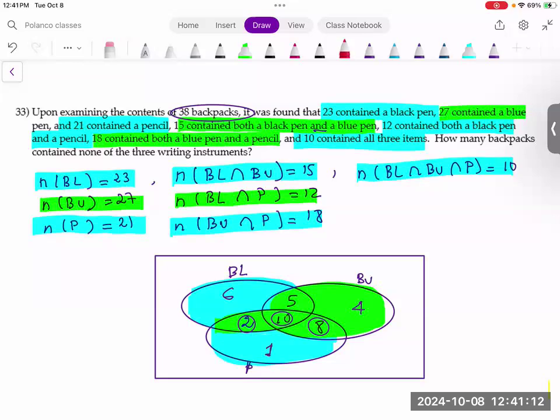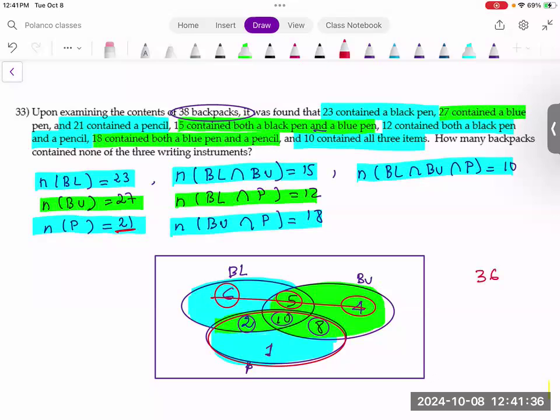I have the 6, the 5, the 4, and the whole circle here, we know how many, right? Pencils. How many pencils we have? 21. So 21 plus 6 plus 5 plus 4, that's 15. 21 plus 15 is going to be 36, right? So in total in the circles, I have 36.